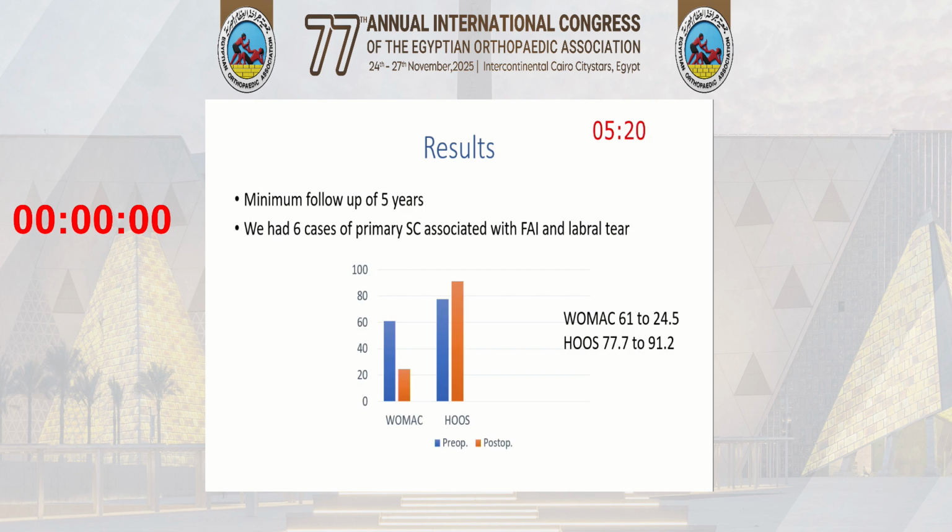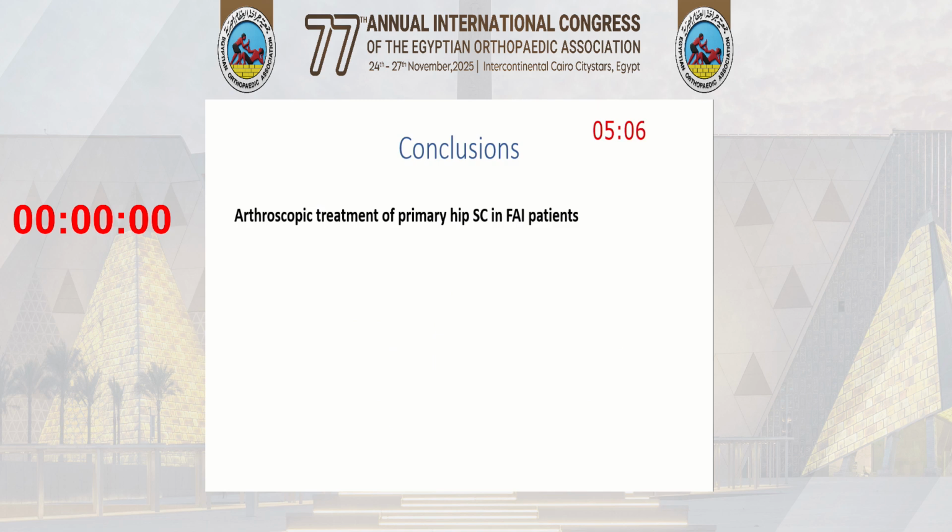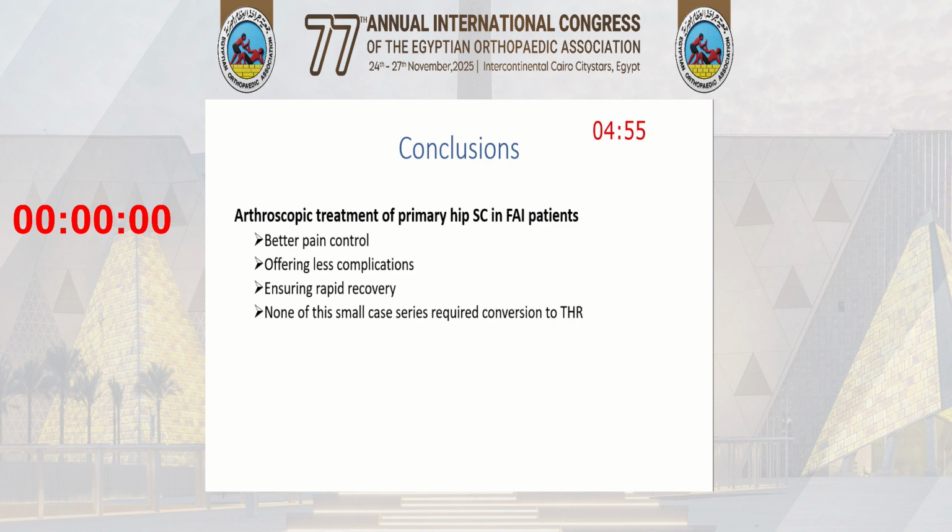And the clinical outcome improved, with the WOMAC going from 61 to 24.5, and HOS score improved from 77.7 to 90.1. So the arthroscopic treatment of primary hip synovial chondromatosis in FAI patients yields better pain control, offering fewer complications, ensuring rapid recovery.